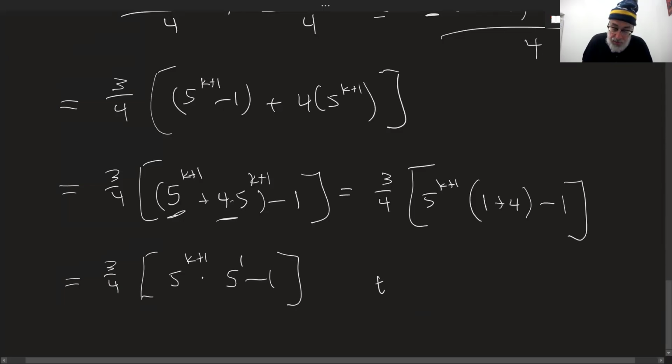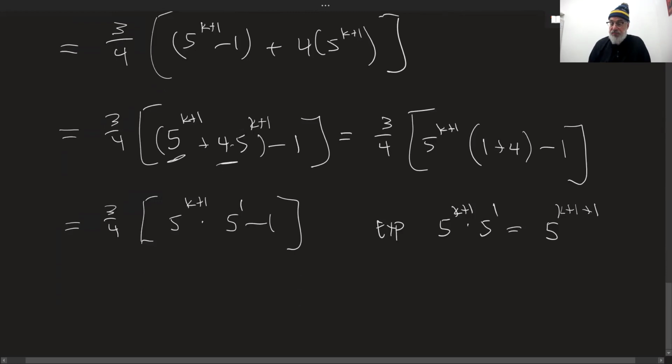Now remember, your exponent rule is that if I have the same bases and they're multiplied, that means I can take the base and then add the exponents. So 5^(k+1) times 5^1 becomes 5^(k+2). So this is equal to 3/4 times 5^(k+2) minus 1.